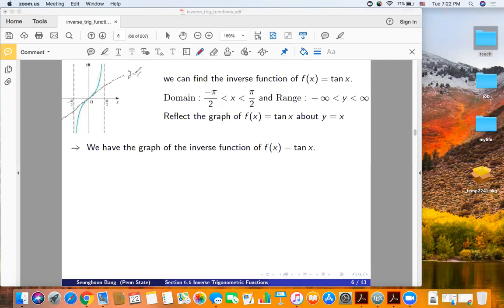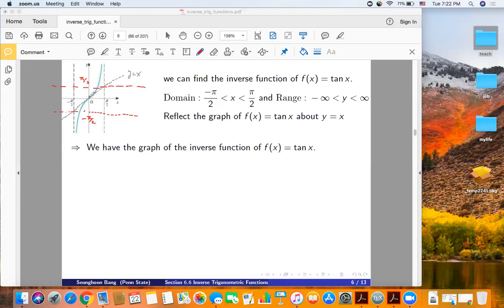This is y equals x. You have to reflect. This vertical asymptote is going to be a horizontal asymptote here. Horizontal asymptote. This is pi over 2. So also another horizontal asymptote, the negative pi over 2.